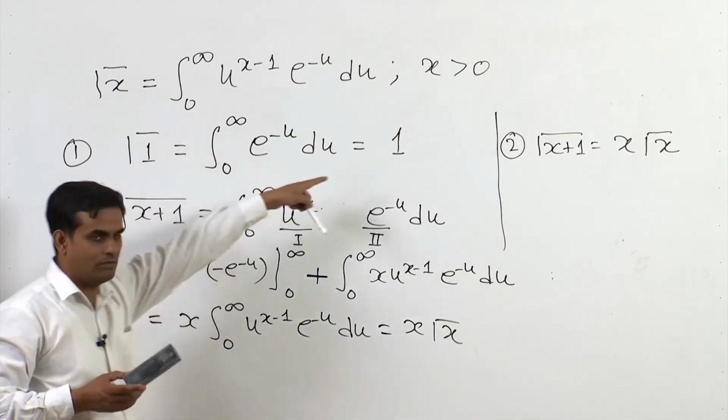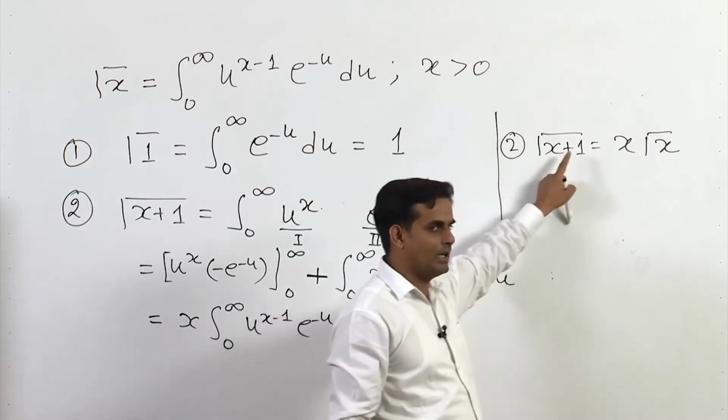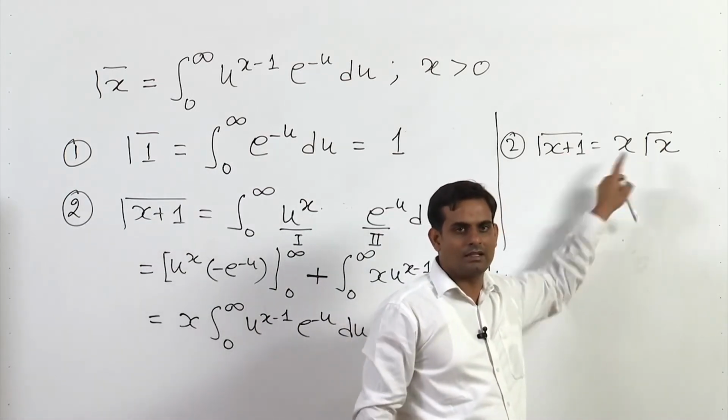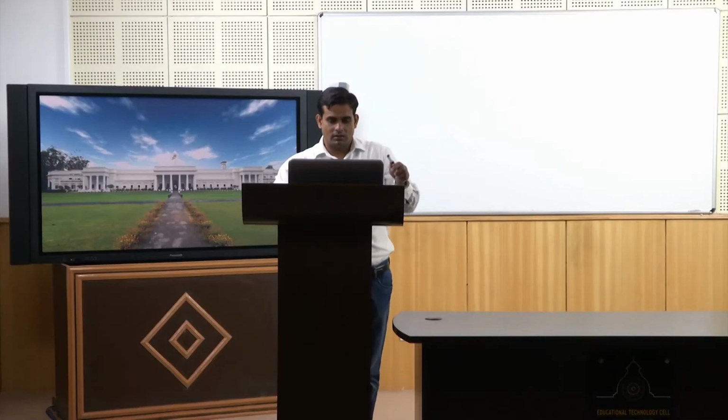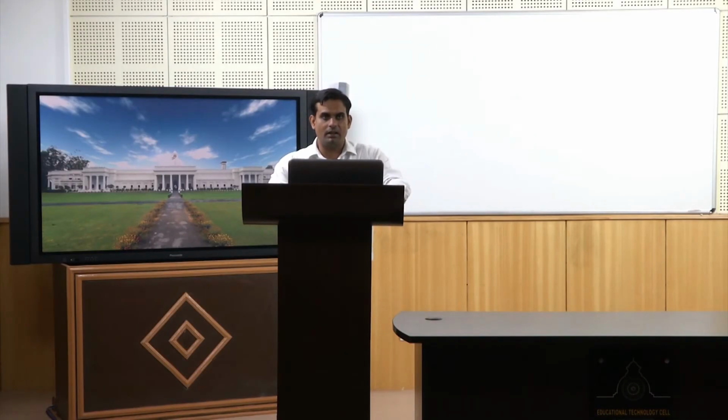So from this definition we have obtained two important properties of the gamma function. One is gamma 1 equals 1, another one is gamma x plus 1 equals x gamma x. Together with this definition, over the time several other definitions were proposed for this particular function.